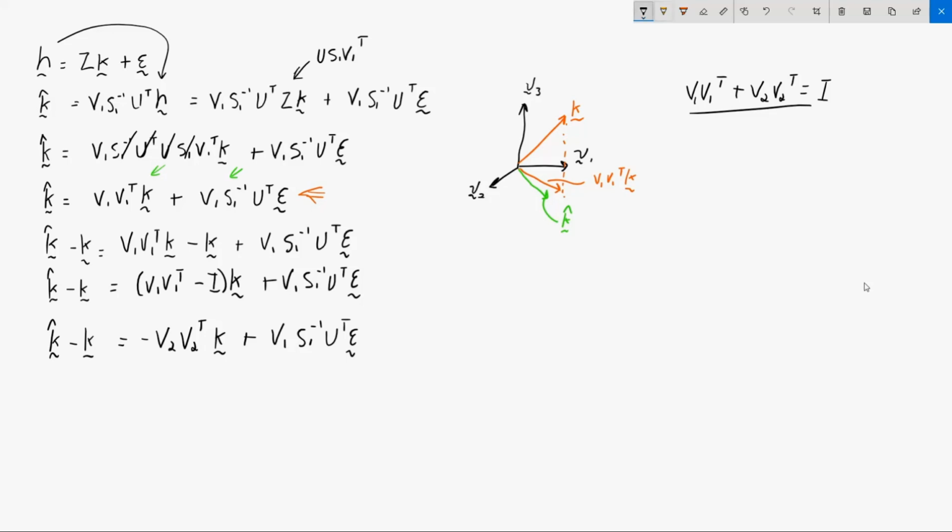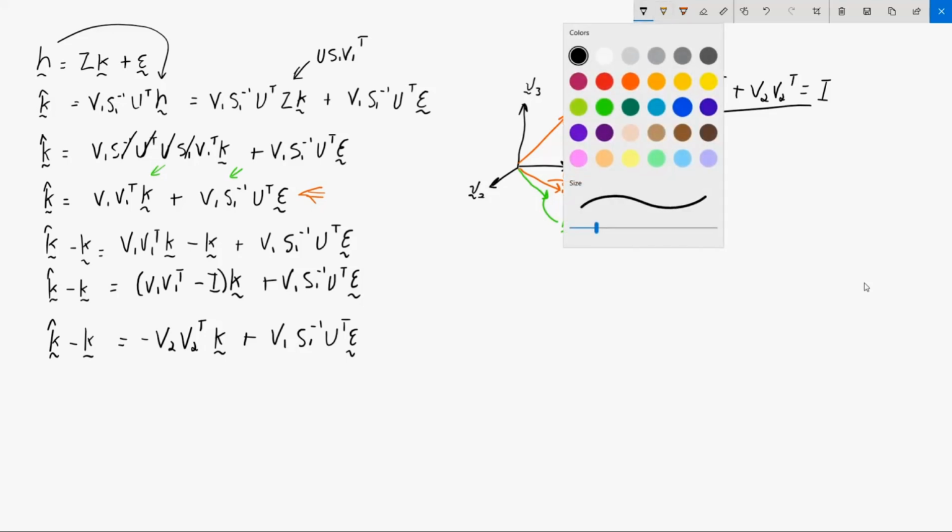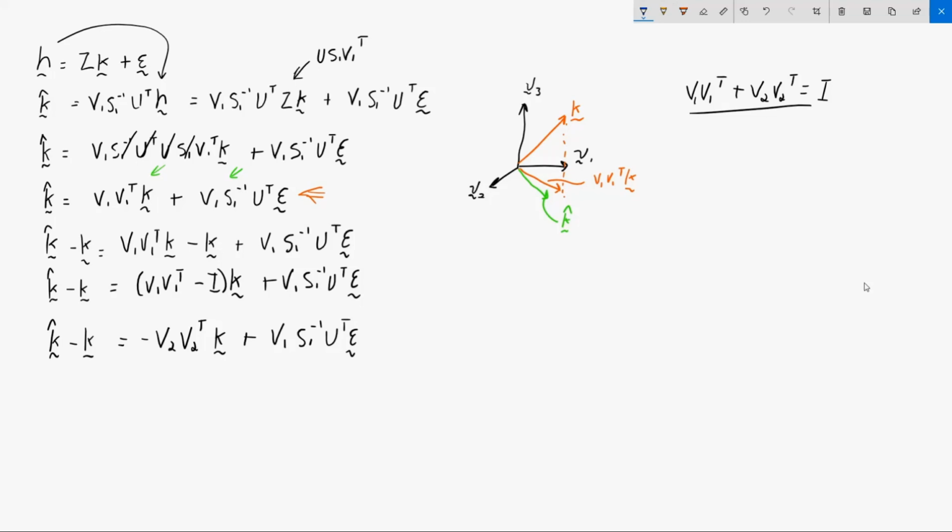So what this equation says is that the error vector in my parameters that I've just estimated has two components. There's this component here arising from this term here, and this component arises out of the need to obtain a unique solution to the inverse problem.